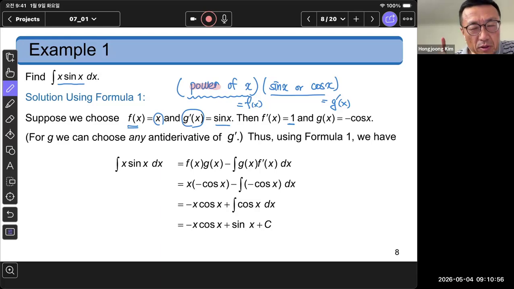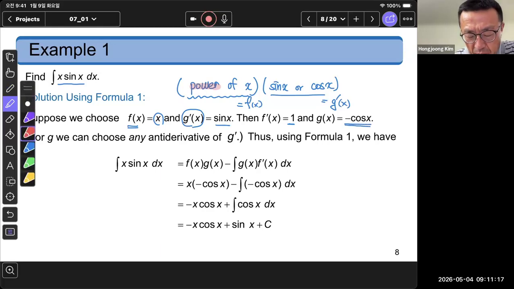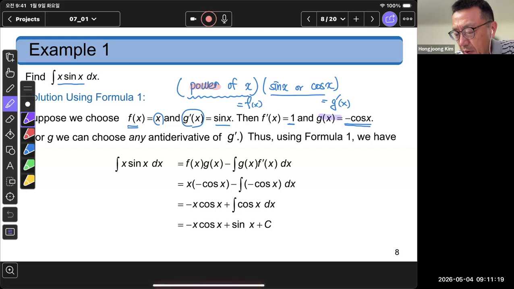At this point, some people may answer just cosine x, but please be careful. If you differentiate cosine, you get a negative sign. So an antiderivative of sine will be negative cosine, not cosine. So please be careful with this simple result.